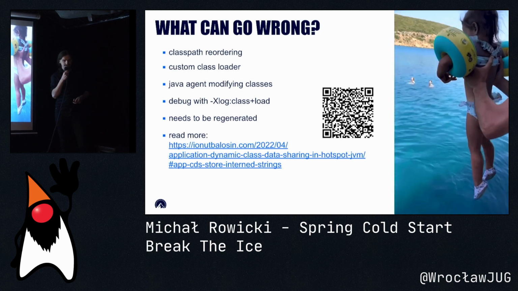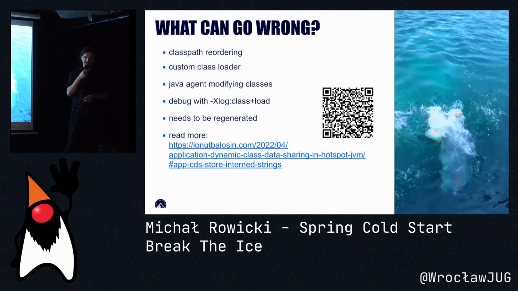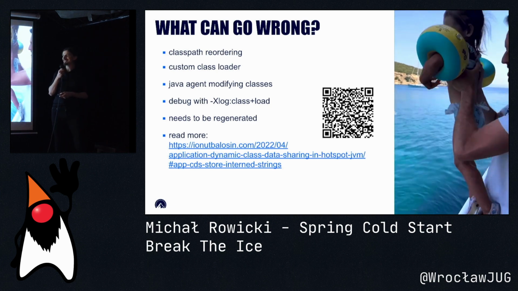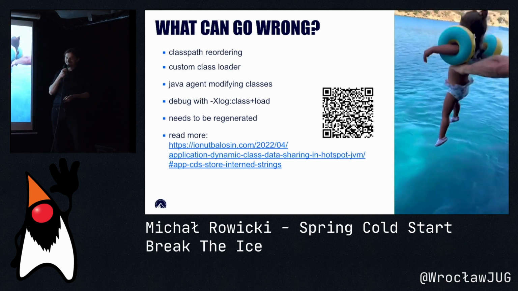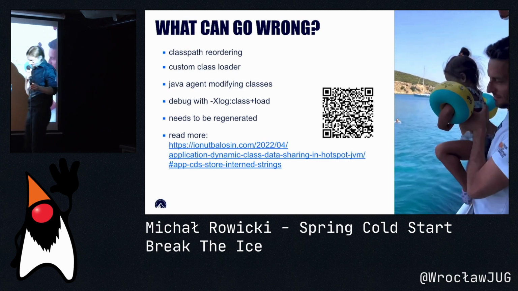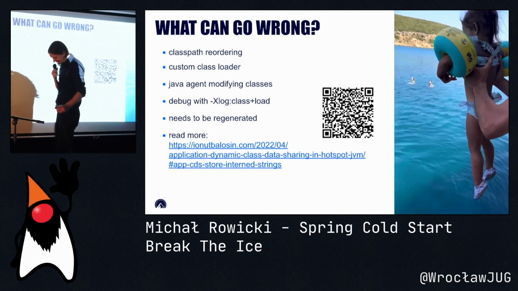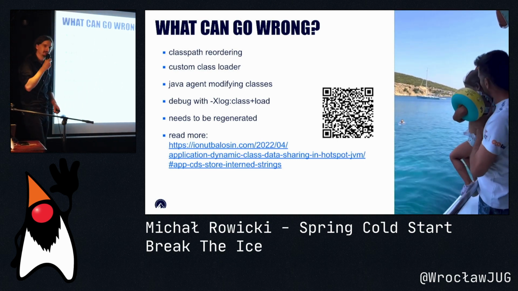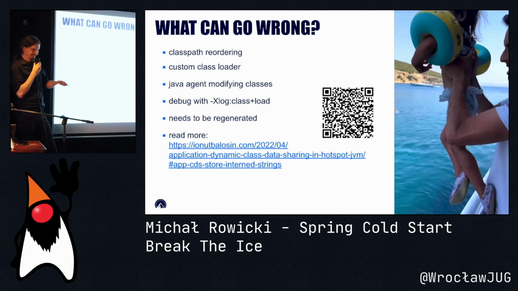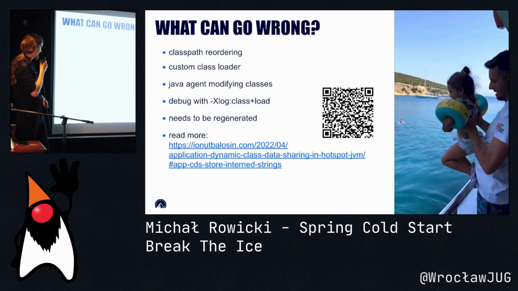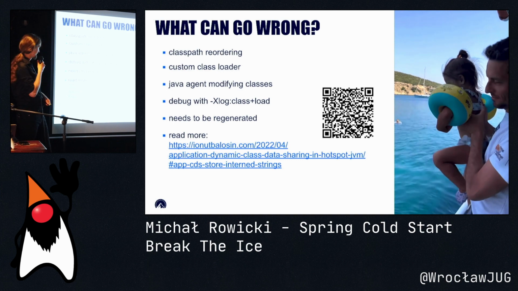And again, what can go wrong? Classpath reordering or the Spring class loader. What else? We can use Java agents, which modify our classes at runtime. If we change a class, for example by adding an additional method, again the cache is invalidated and we cannot reuse it. Yeah, and that's how our work looks.